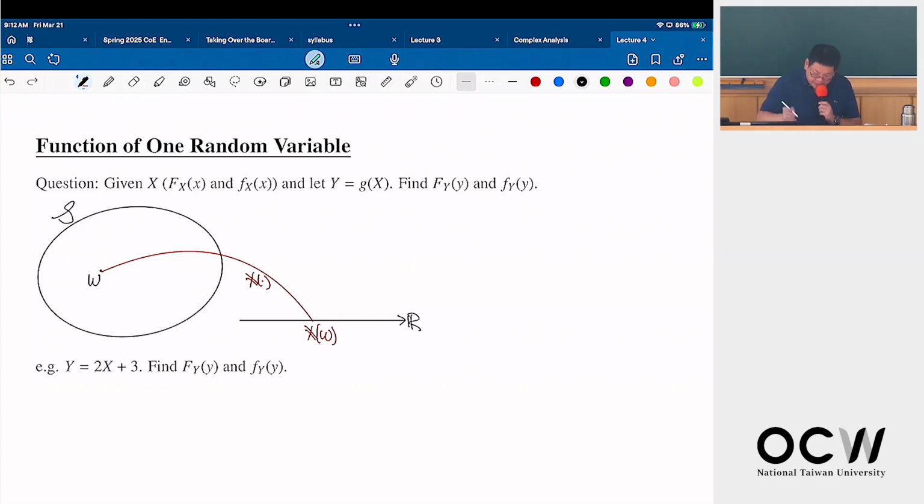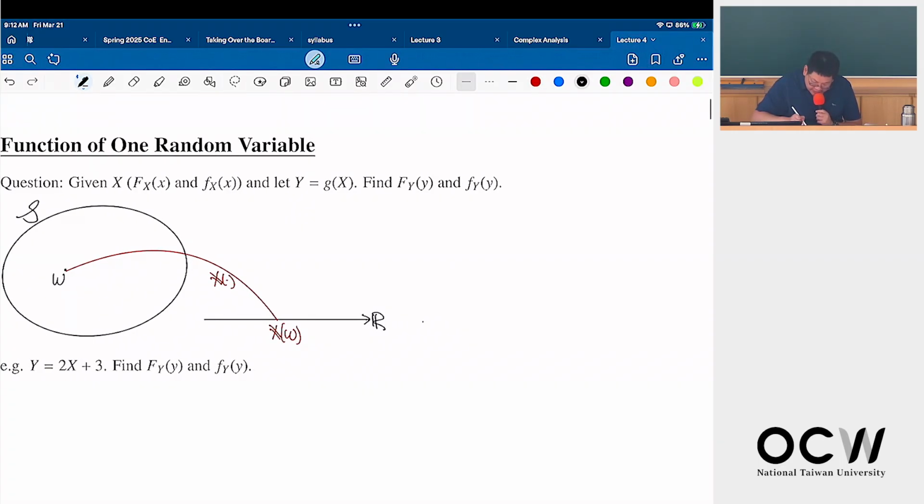And I can also map this realization to another real line.